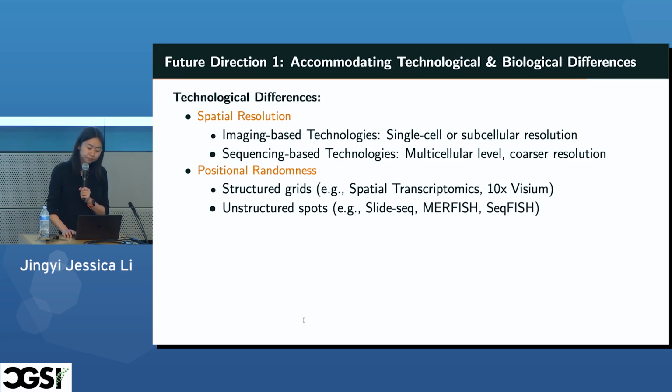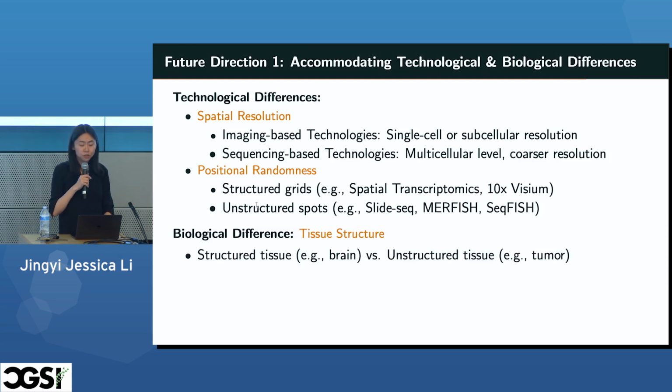For future directions, first, I think most existing methods don't focus on the differences between spatial transcriptomics technologies and biological differences. For example, imaging and sequencing-based technologies have different resolutions, and the spatial locations they measure have different random patterns. For some technologies, like the sequencing-based, the spots may be pre-registered in a grid, so they are structured. But for some imaging-based technologies, their spots are wherever the transcripts are expressed, so they're unstructured and random.